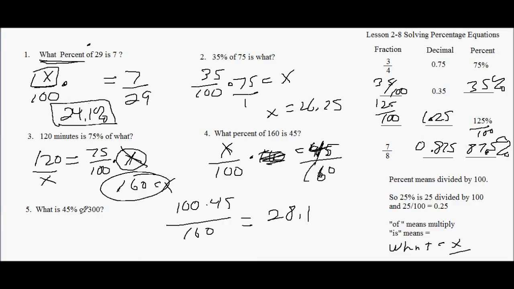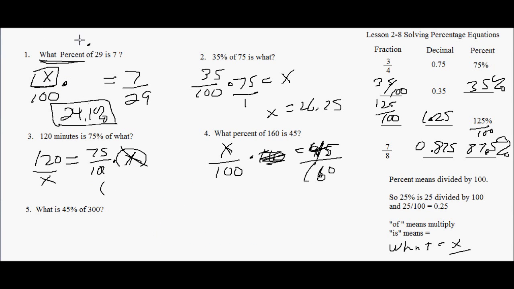Okay. Last one. I know I'm going overtime on this. Last one is what is 45% of 300. Well, here we got this straight old multiplying across and divide.